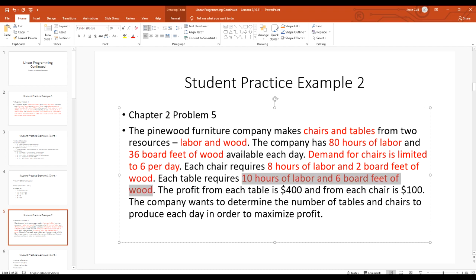The profit from each table is $400, and from each chair is $100. This is relating our decision variables to our ultimate goal of determining the number of tables and chairs to maximize profit.